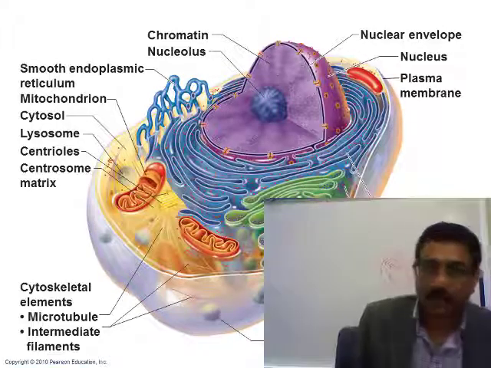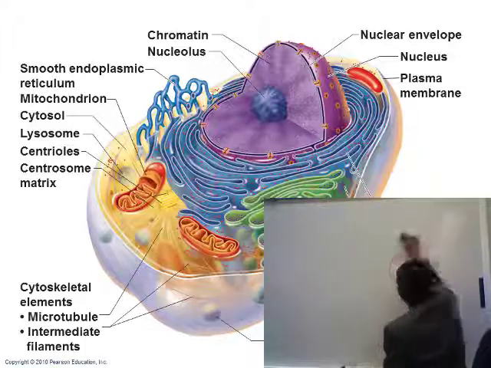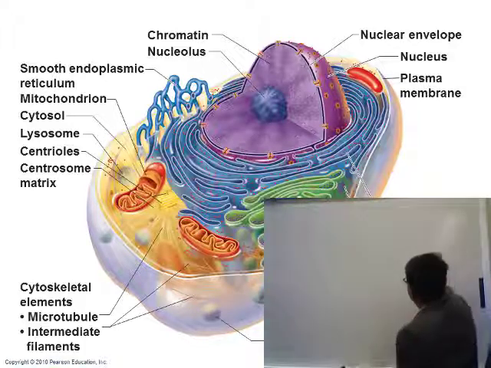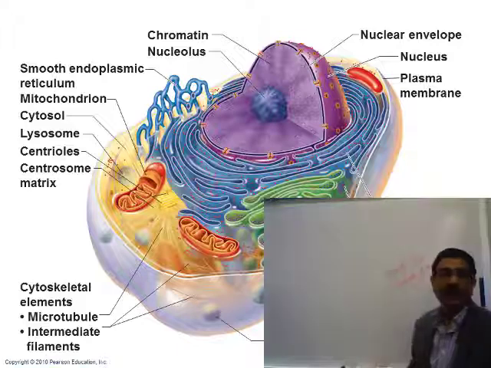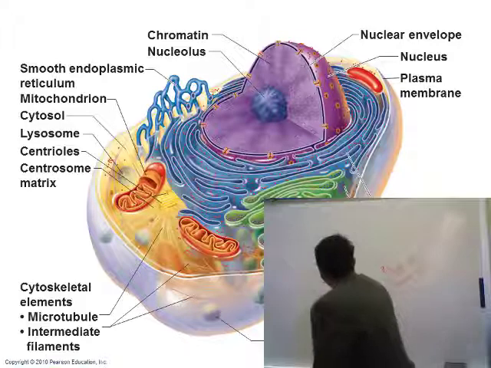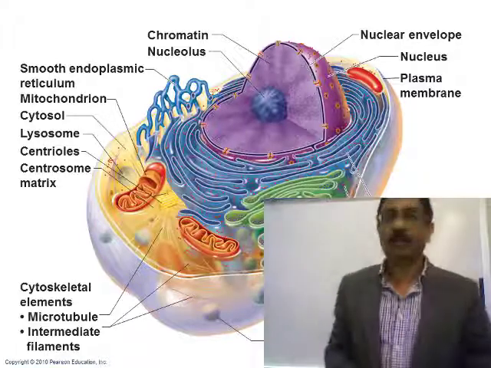Endoplasmic reticulum or ER has two parts: rough endoplasmic reticulum and smooth ER. Why is one part called rough and another part called smooth?